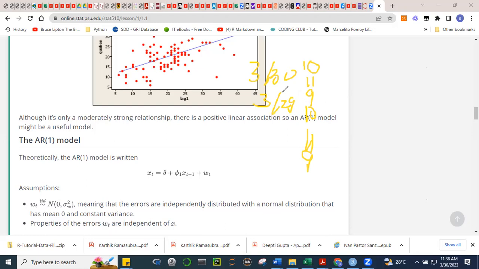Okay, so how do we now model yung AR1 process? So we would like to model this time series. This is our x sub t. Okay, what is x sub t minus 1? X sub t minus 1 will therefore be, for the latest, ang x sub t minus 1 niya will be ito, yung lag 1. So that will be 11.